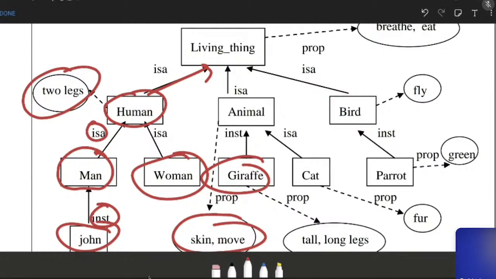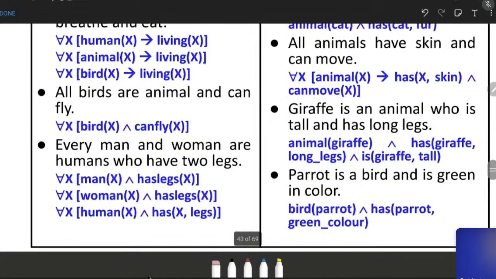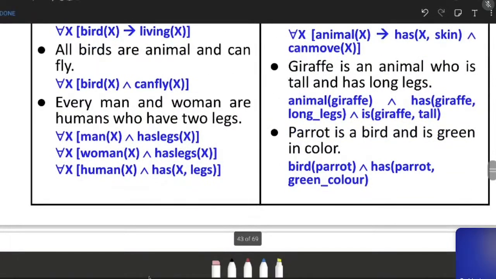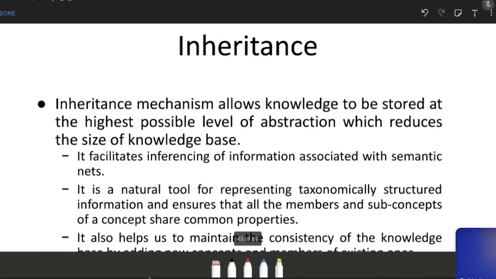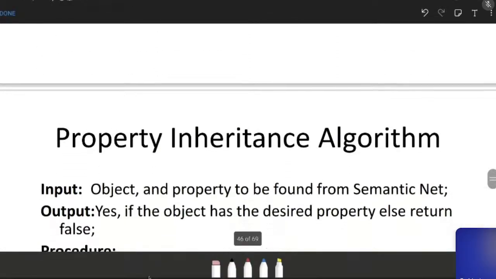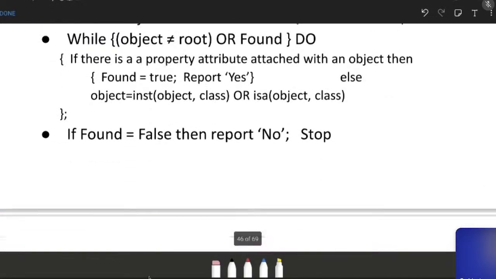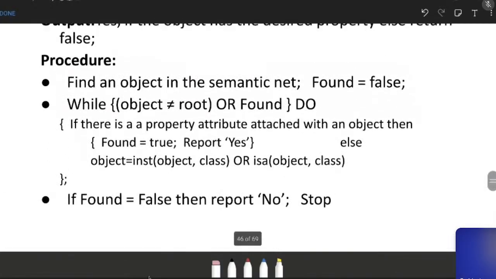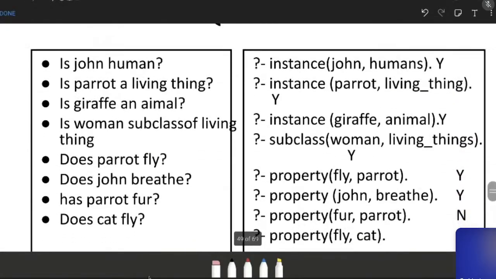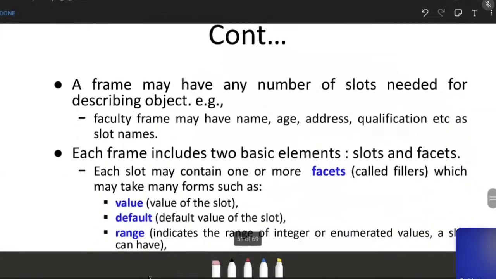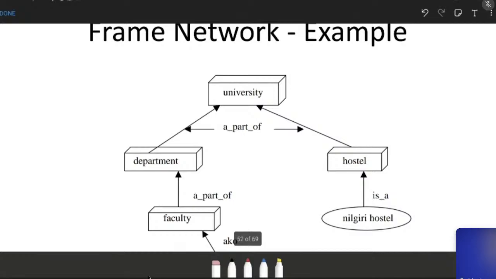So I think in a semantic net you have properties, you have is a, and then you have an instance, mostly, I guess. Okay, a frame network is basically a network of frames.